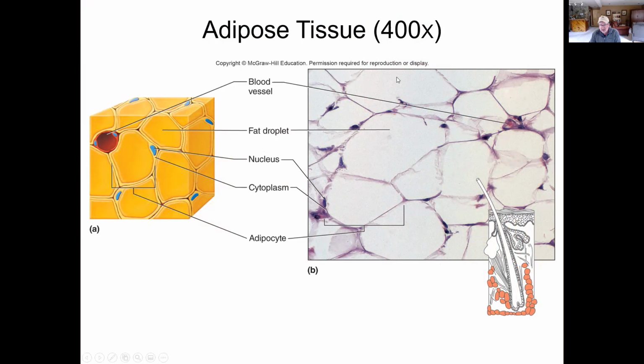So you've got several dozen fat cells in this particular histologic section, also here on the sketch. But I want you to note that the nucleus of each of these cells, and check out the diagram first, the blue colored nucleus is pushed to the very periphery of the cell, right next to the cell membrane, because what do you have in the middle here?